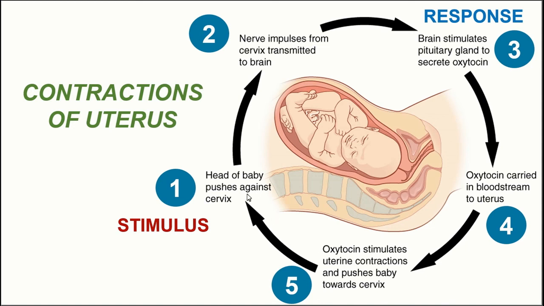Those contractions continue to push the baby's head against the cervix, which causes the cycle to begin again, and more oxytocin is released, which causes more contractions, which pushes the baby's head more and more against the cervix. Finally, this cycle will end when the contractions are so strong and frequent that childbirth has occurred, and that will break the cycle. So that's another example of a positive feedback mechanism.